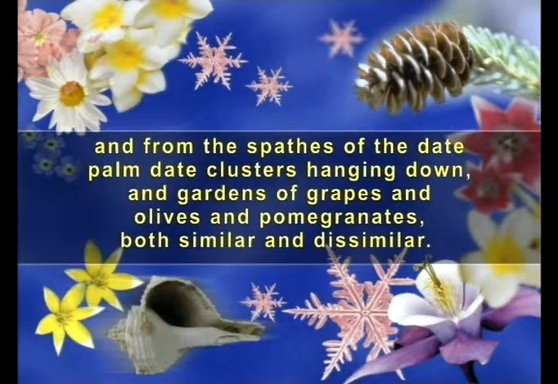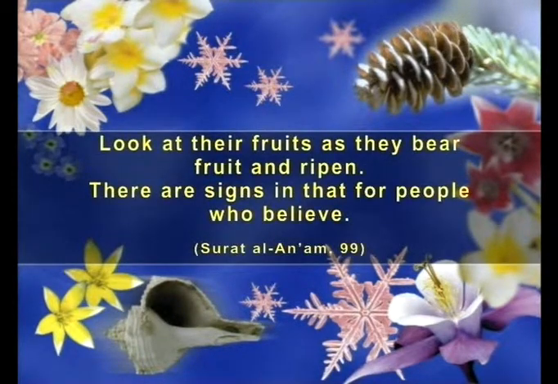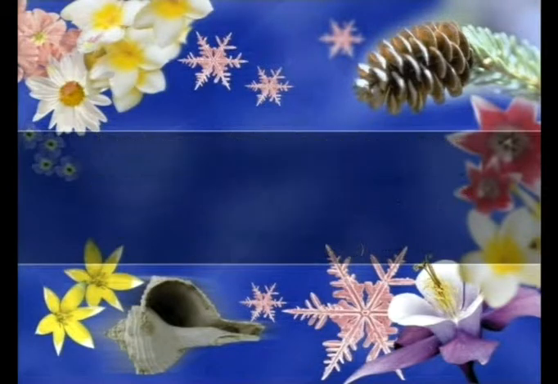And from the spathes of the date palm, date clusters hanging down, and gardens of grapes and olives and pomegranates, both similar and dissimilar. Look at their fruits as they bear fruit and ripen. There are signs in that for people who believe.